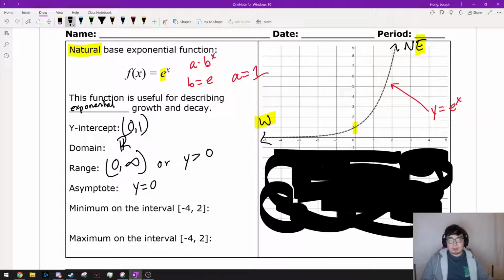And here comes the fun part: the minimum and the maximum on the interval -4, 2. So I know that x equals -4 right here is lower than x equals 2. It doesn't look like it, but this point right here is less than this point right here.